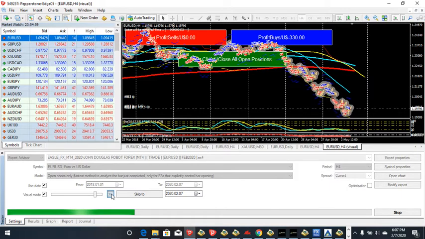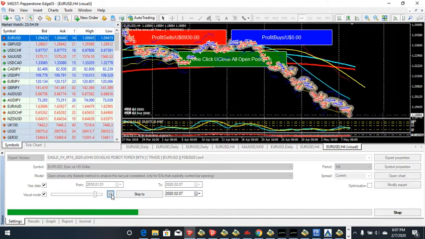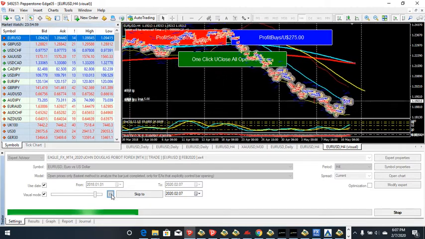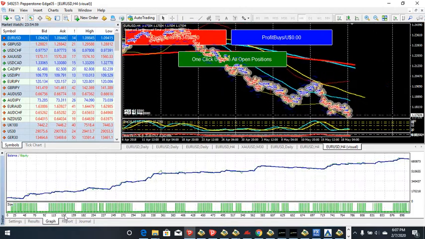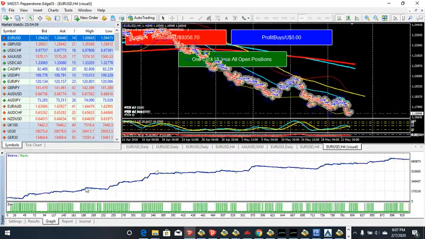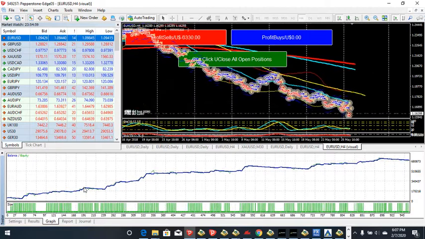So I want to use a strategies that work for the robot, so it can help the trade improve better profit. Okay, you can see that.